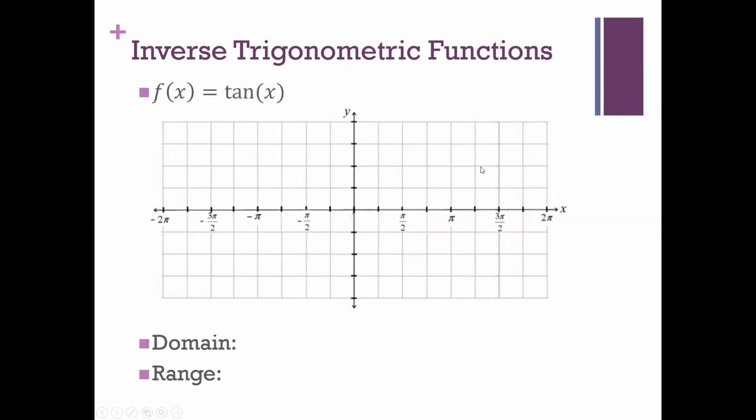And finally, tangent. This one I feel is a little more intuitive because tangent has places where it just is not well defined. That's at pi over 2, negative pi over 2, and then these asymptotes show up every multiple of pi thereafter.